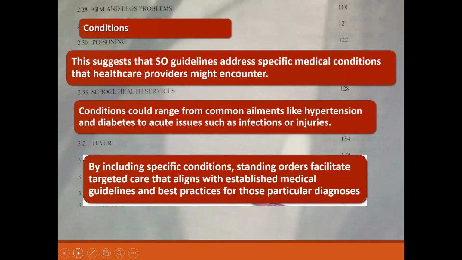So if you look into a standing order, you find that it has lots of boxes, and each of those boxes contains a specific condition. These conditions could range from common ailments like hypertension and diabetes to acute illnesses or issues such as infections or injuries.